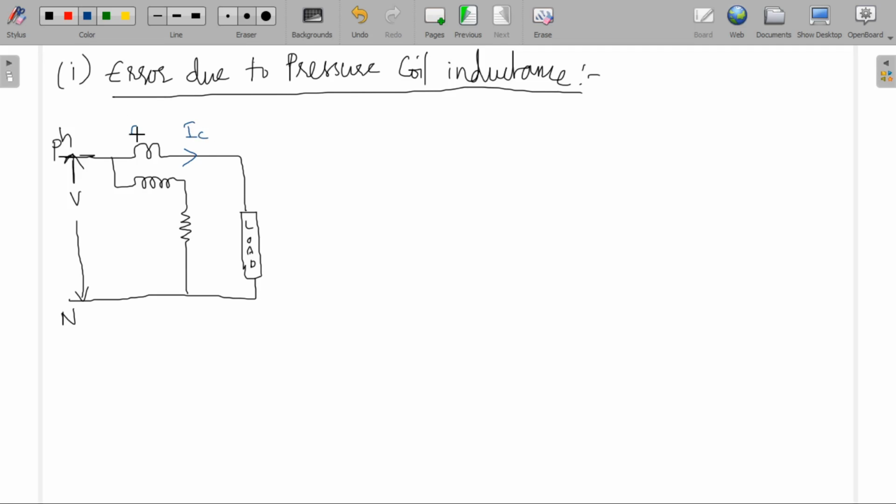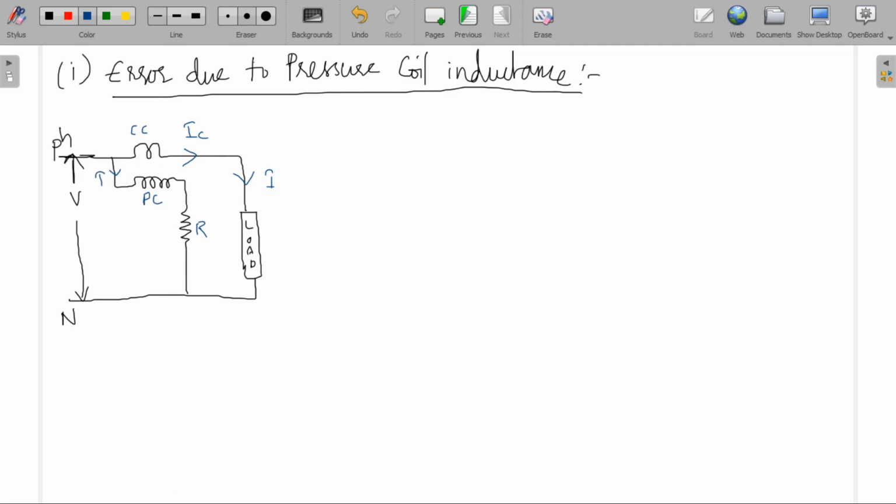Let R be the resistance which is connected in series with the pressure coil to limit the current. Anyhow, this pressure coil circuit carries the current which is proportional to the applied voltage. Let I or IL be the current flowing to the load. Here IC and I both are equal.